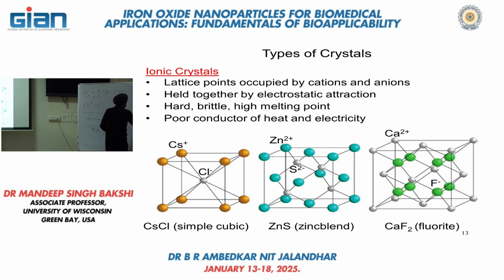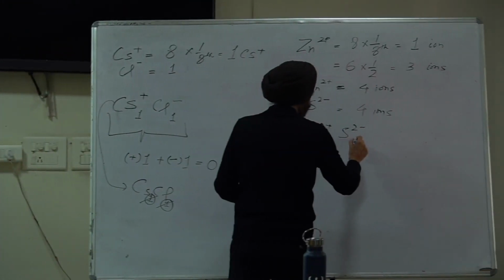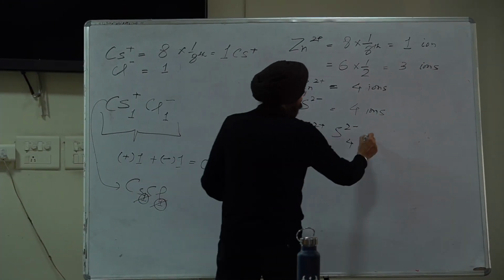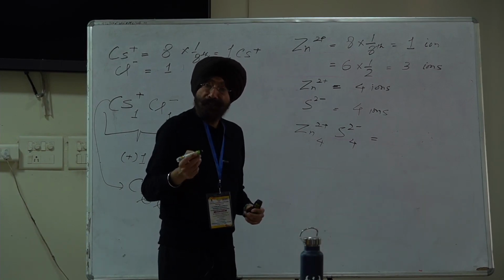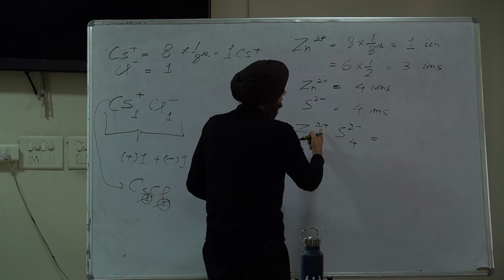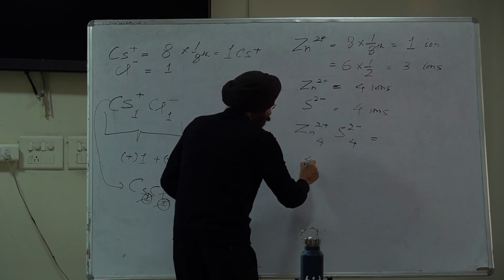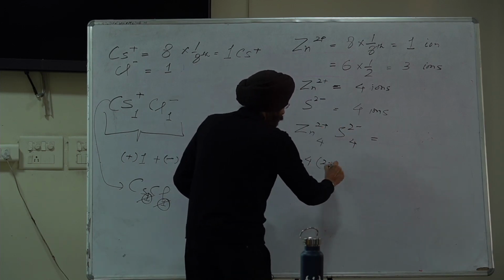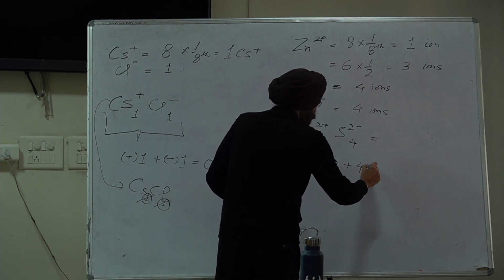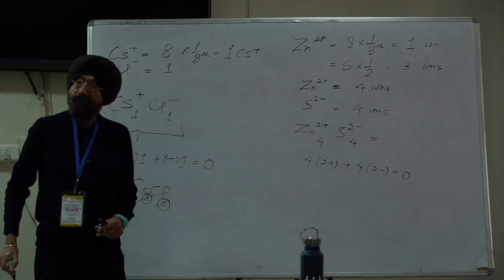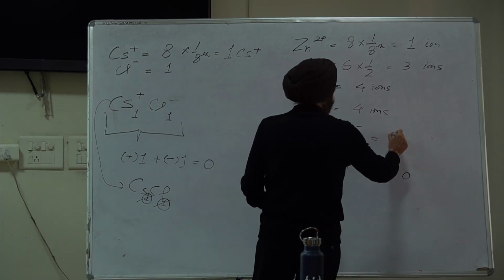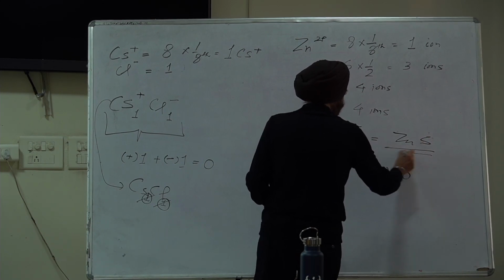Now you can place this zinc 4, the subscript representing the 4 ions. Likewise sulfide 4 ions, and I have to depict it as a completely neutralized form. So it is 4 multiplied by plus 2 plus 4 multiplied by 2 minus, exactly 0. So therefore I think sulfide like this.